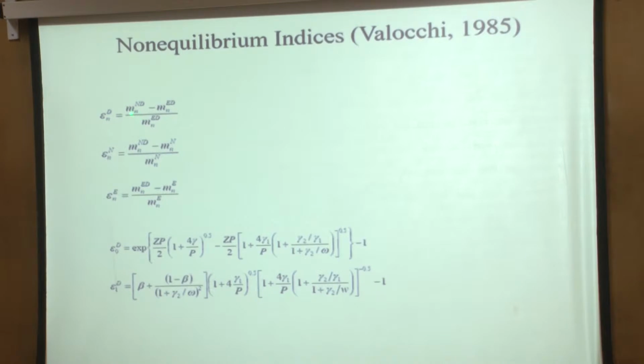If I compute the nth moment when I have non-equilibrium and degradation, subtract it from the nth moment when I have equilibrium and degradation, and divide it by what I get under equilibrium and degradation, then this index is telling me, when I do have degradation, how different the moments are for equilibrium versus non-equilibrium, but normalized with themselves. So we are trying to relatively assess the effect of non-equilibrium when degradation is present.